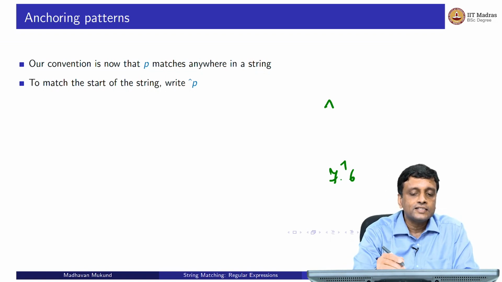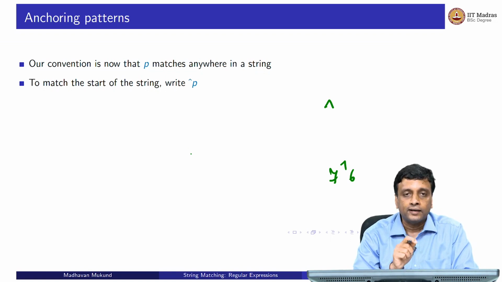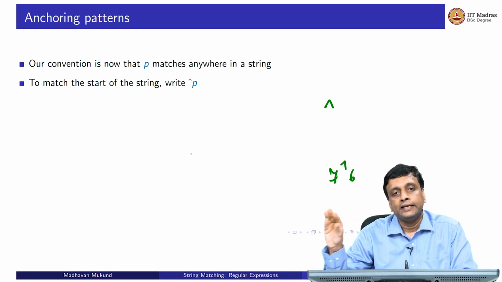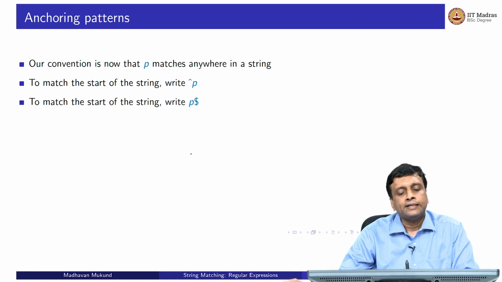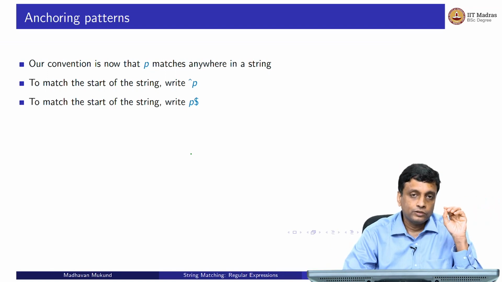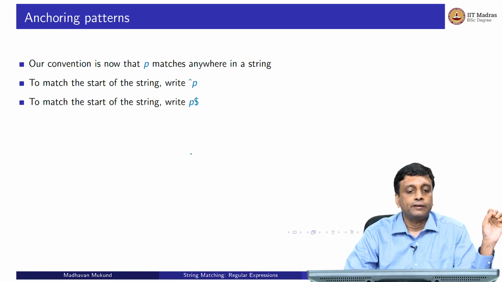If I write this before my pattern, it usually means I am looking for this pattern anchored to the beginning of my string. So I am only looking for P if it occurs at the beginning of the text. And symmetrically, if I want to find P at the end of my text, then I use the special symbol $ to indicate that P must terminate the string.